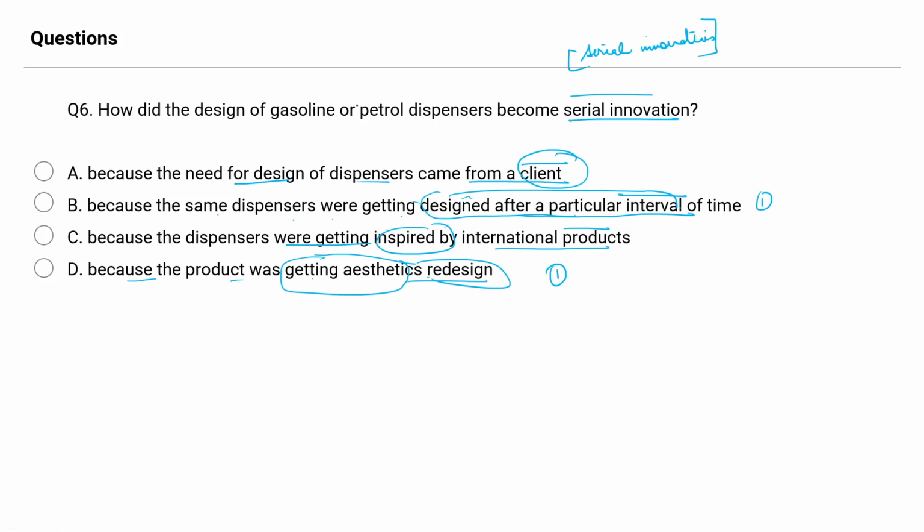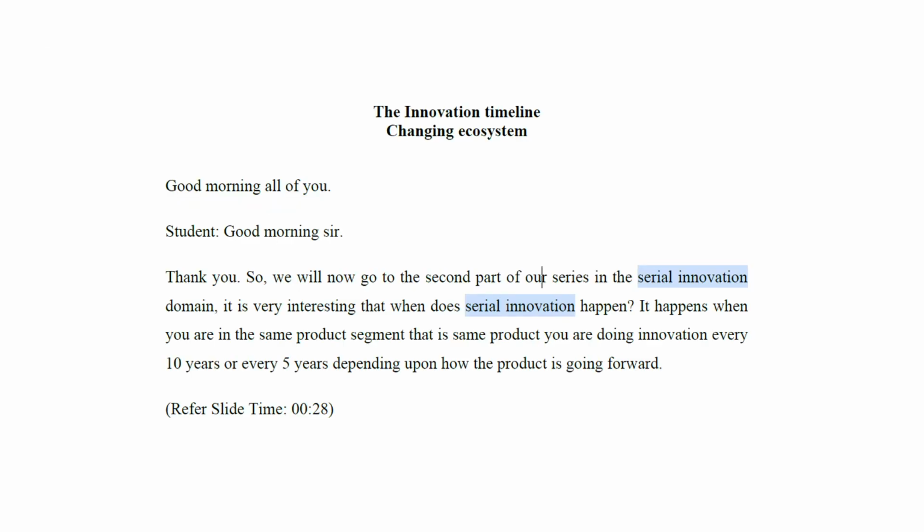How did the design of gasoline or petrol dispensers become serial innovation? During our session, we basically discussed it. Great. So we've got two responses for option B and one response for option D. Great. So let's check what the correct answer is.